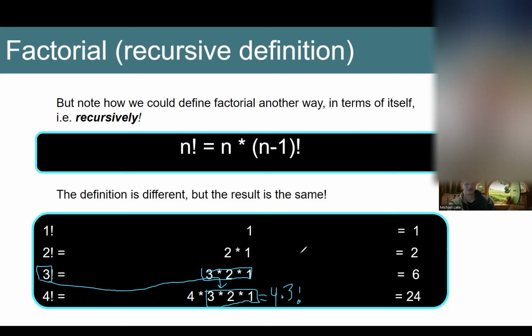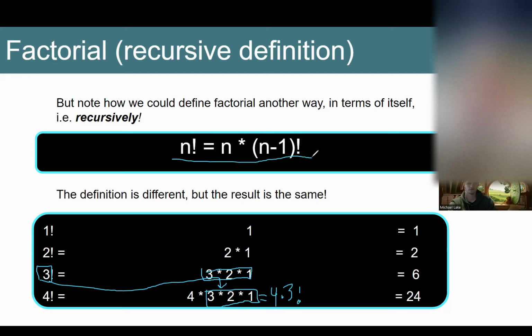Now, 3 factorial is 3 times 2 factorial, and 2 factorial is 2 times 1 factorial. And we can generalize this approach to say that for any number n, n factorial is n times n minus 1 factorial.